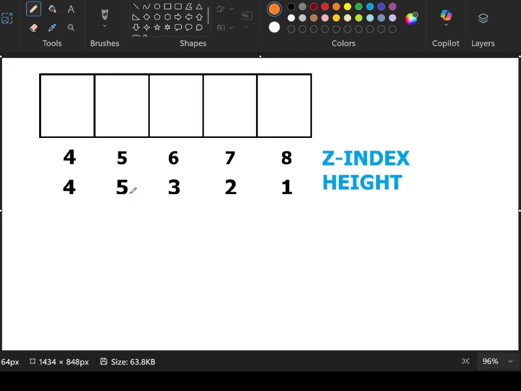Now we need to put the y coordinate position here because they change, they move around, right? So if they're moving around, then we need to know if they're still above the other ones or behind the other characters. So that's why we need to keep on checking this. And in this case, this is the current position of all the characters on screen.